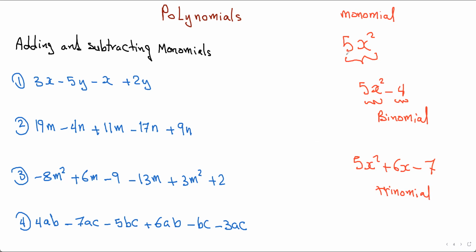Now, just looking at monomials right now, the monomials have a variable. So the x, we call it a variable. And the 5, we call it a coefficient.